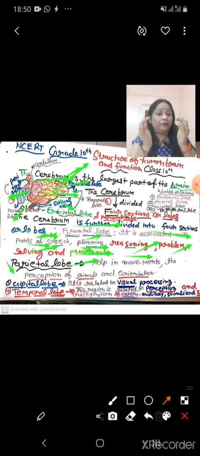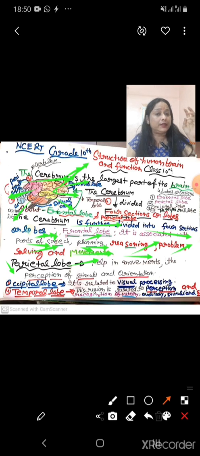Activities included in stimuli are information about temperature, taste, touch, and movement. These are governed by the parietal lobe.